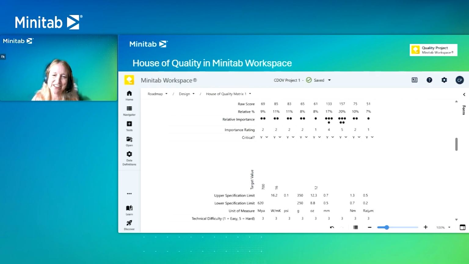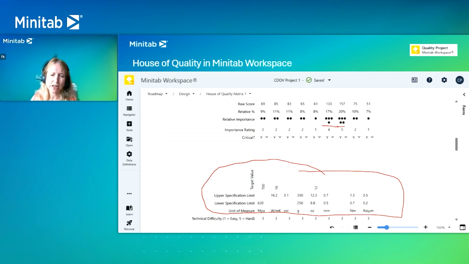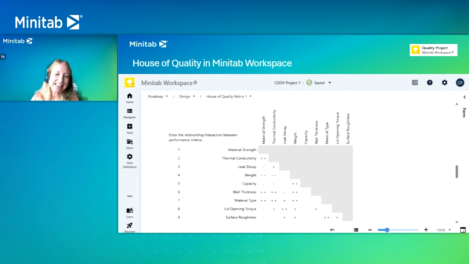You don't necessarily see it on different pages, but we see which are our most important performance criteria that we really want to focus on. And we're starting to create specifications, right? So we need to make sure the wall thickness, for example, is between 0.7 and 0.5. Our most important thing had to do with looking at the type or the chemical mixture of our steel. And then finally, we can look at how these things relate to each other.